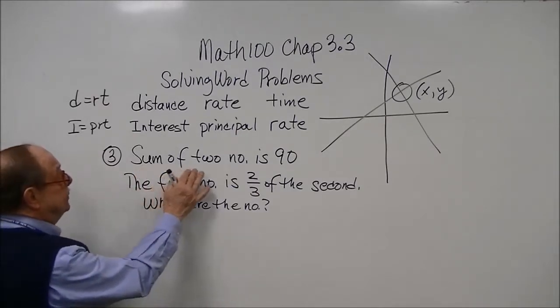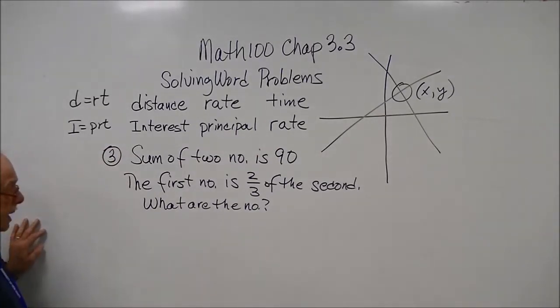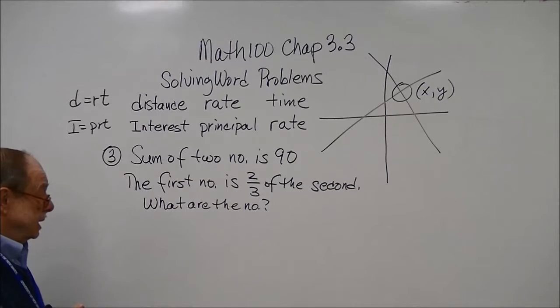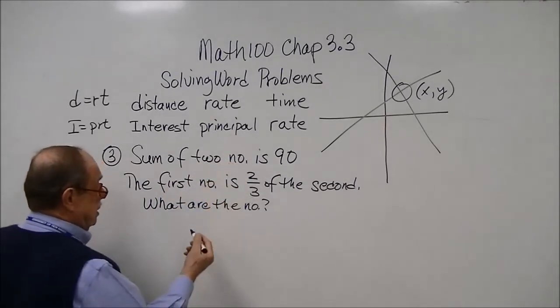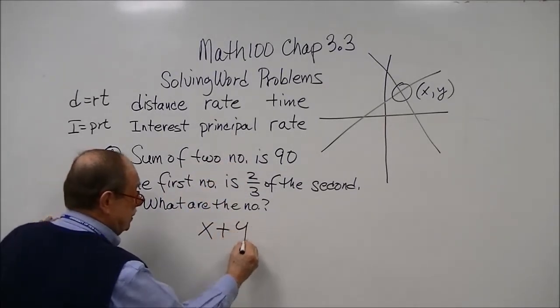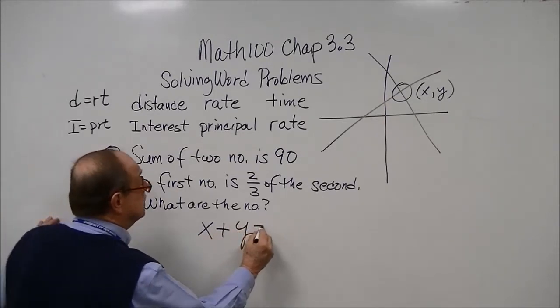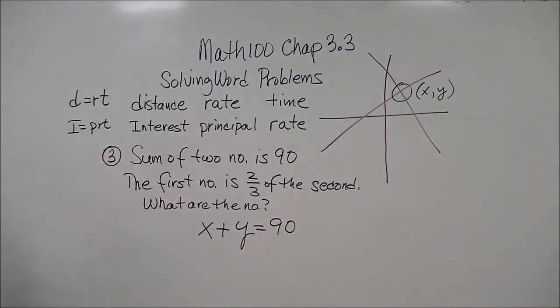The sum of two numbers is 90. And here, being able to use two variables is actually helpful. So, two numbers, one number will be x, the other number is y, and the sum of these two numbers is 90. So that's pretty straightforward.